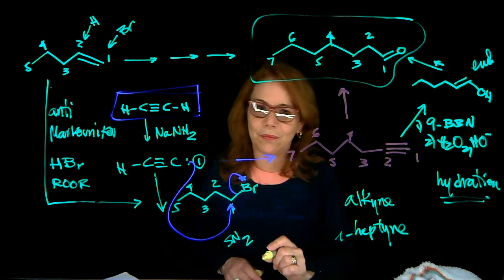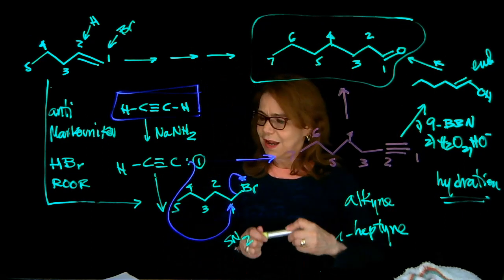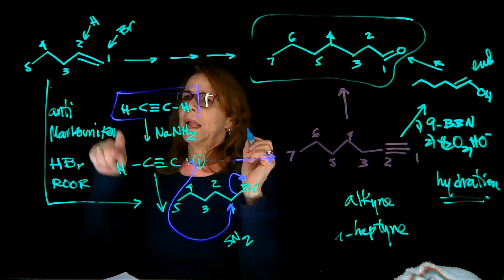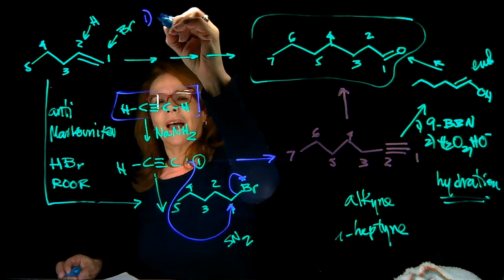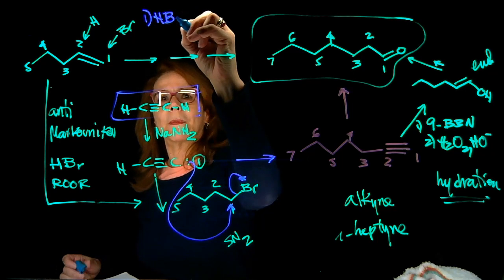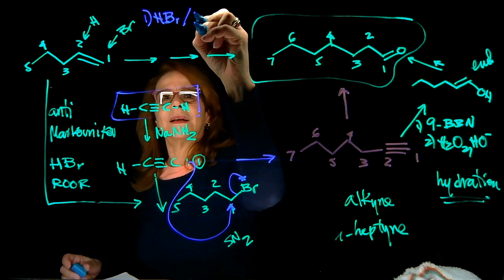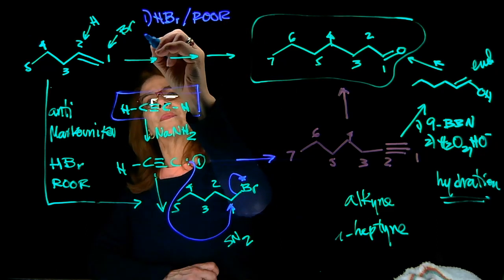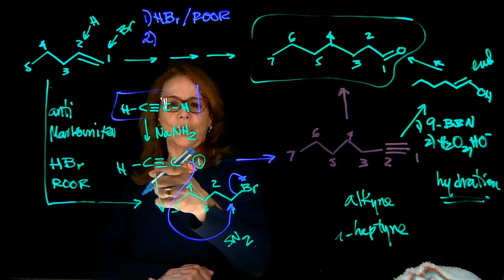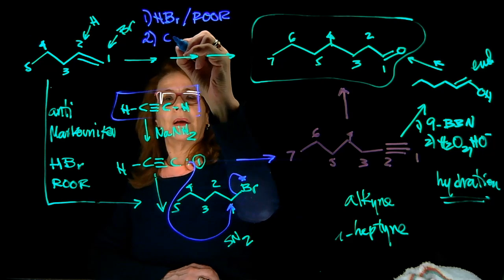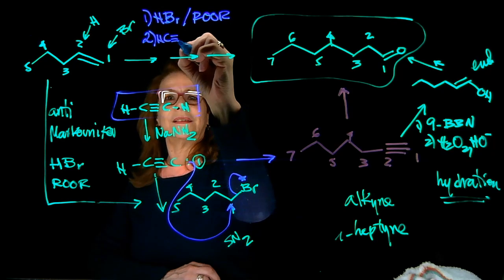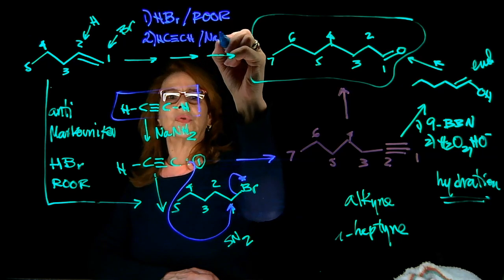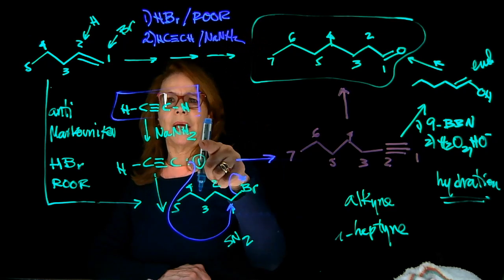With that scheme, we have to determine the sequence of reagents that I need to use to accomplish the synthesis. First, I need to use HBr with peroxide. In a second step, I need to add acetylene, with sodium amide because I'm making the acetylide.